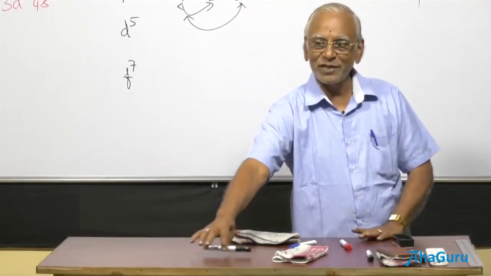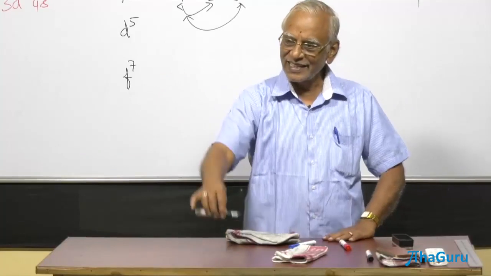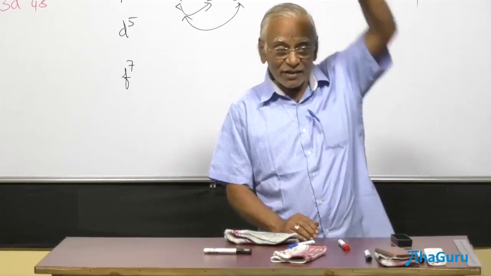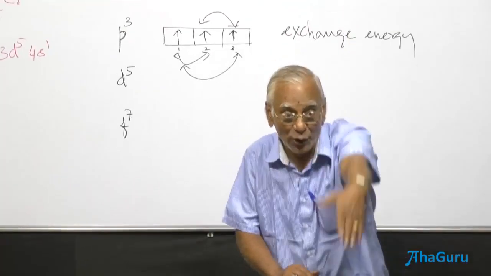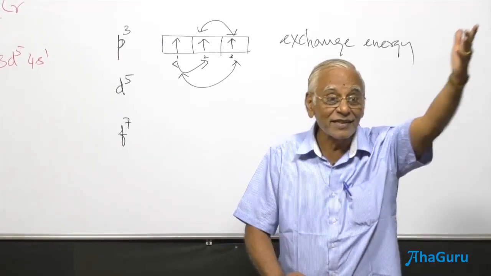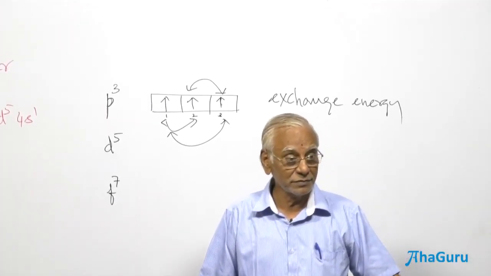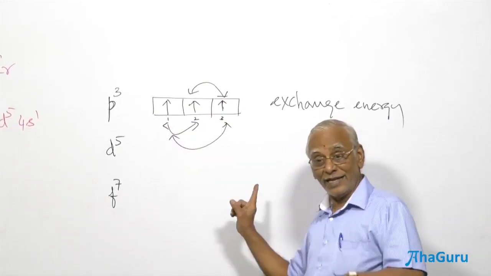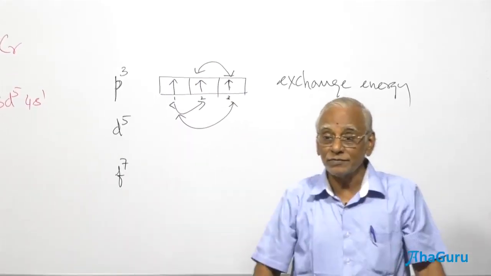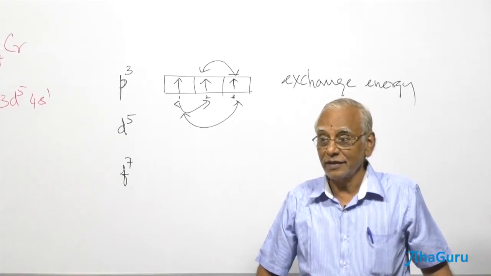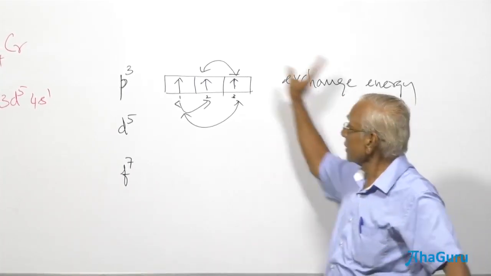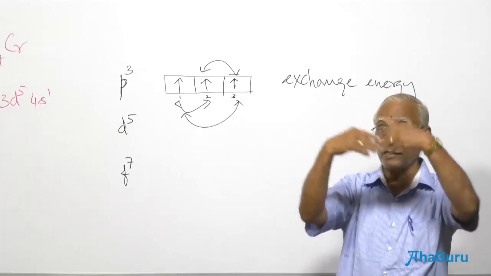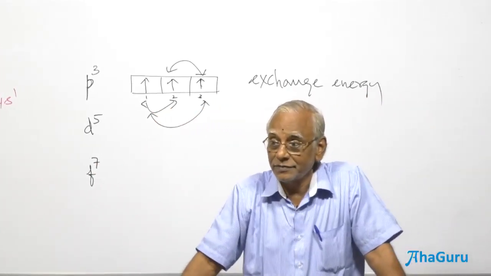No, it goes more stable. Why is it more stable? Energy is less. Anything which comes from the higher energy level to lower energy level, stability is increased. And what happens when it does so? Exchange, energy is given out. And greater the exchange of the electron, greater the stability.